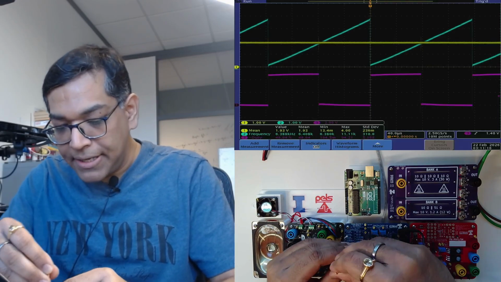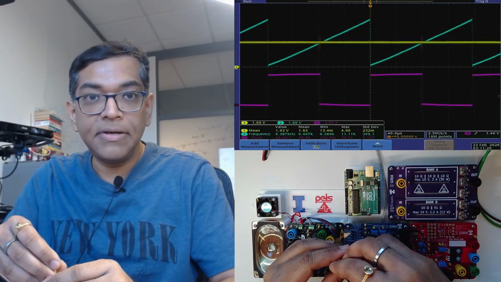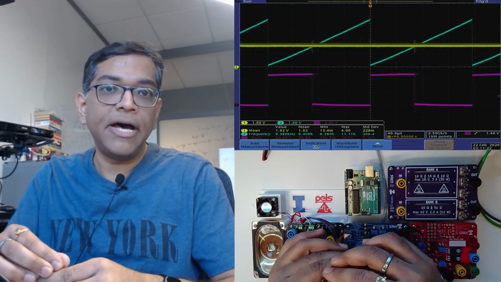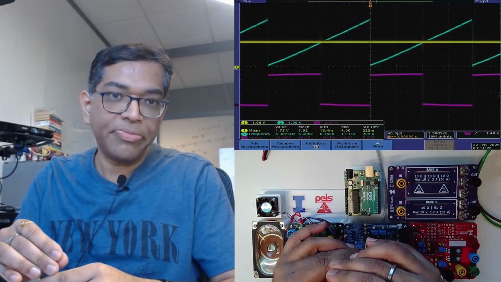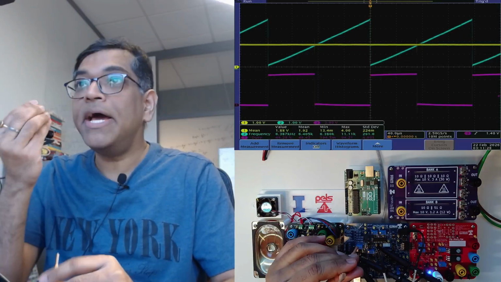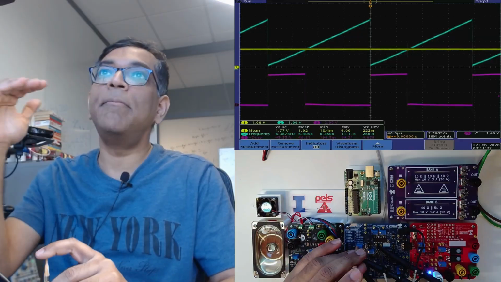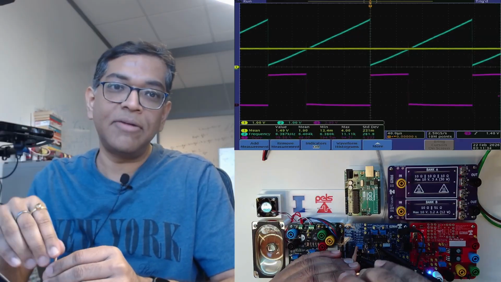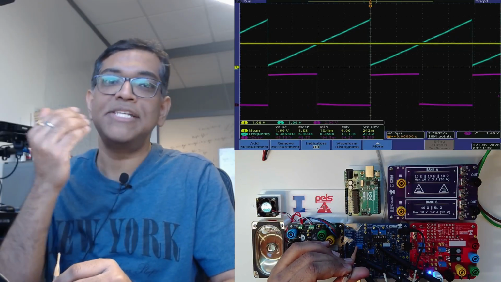So if I change this yellow waveform, if I move it up and down, I can change the width of the pulse. It is as if we are encoding the information stored in the magnitude of the yellow waveform into the pulse width of the purple waveform.